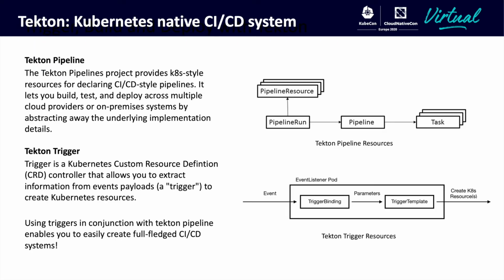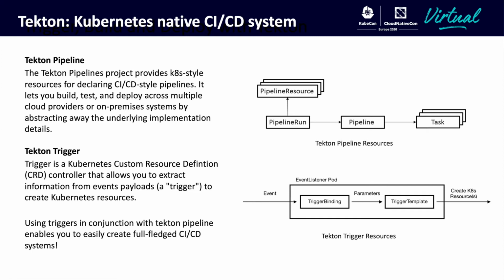There are two major projects in Tekton, which help to trigger a process to build and deploy your application. Tekton Pipeline provides several Kubernetes-style resources for declaring CI/CD pipelines. For example, you can define tasks, which are a collection of steps you would want to run as part of your CI flow. A pipeline is a sequence of tasks and parameters and resources used as input and output of the tasks.